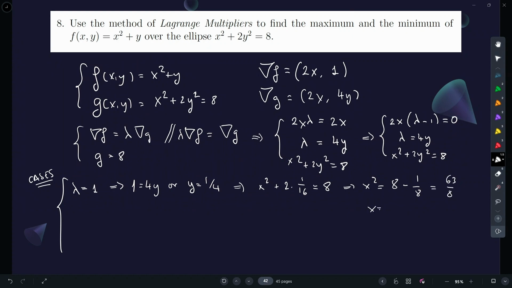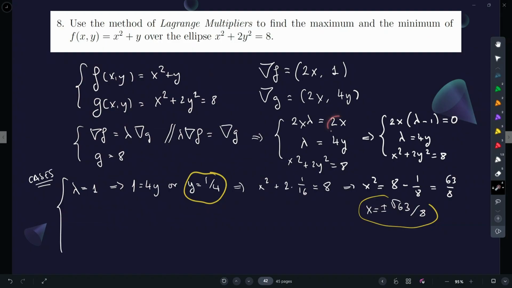So x is plus or minus the square root of 63 divided by 8. That's one pair of solutions.